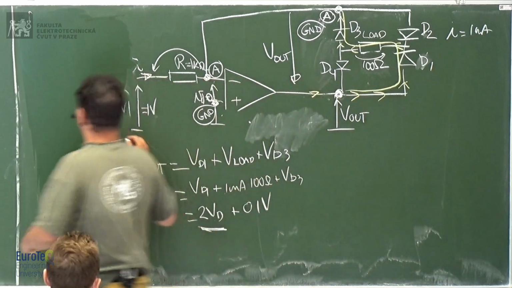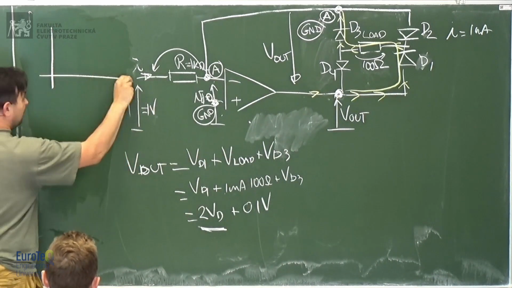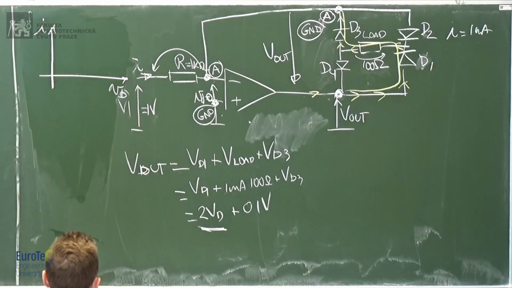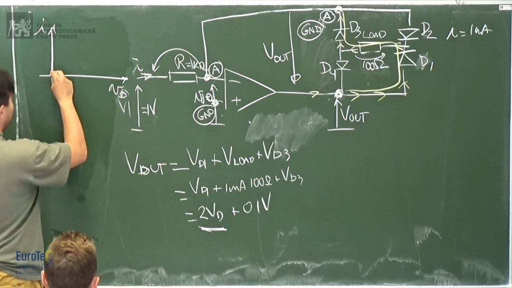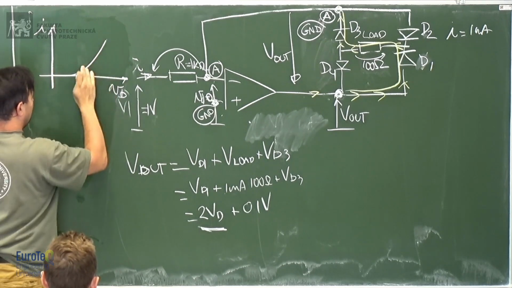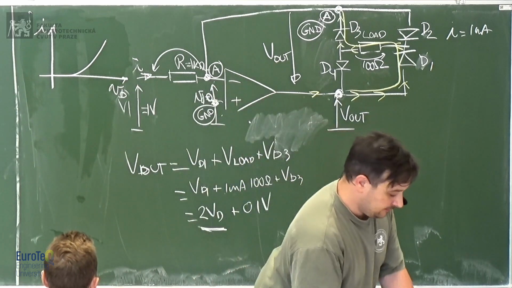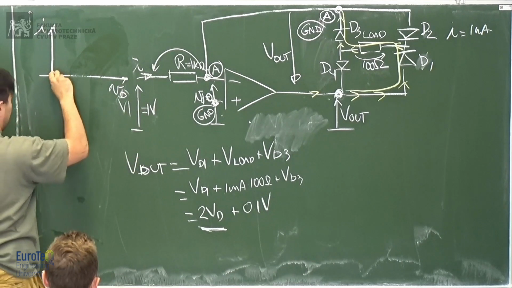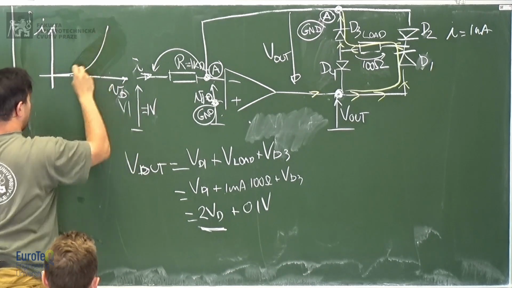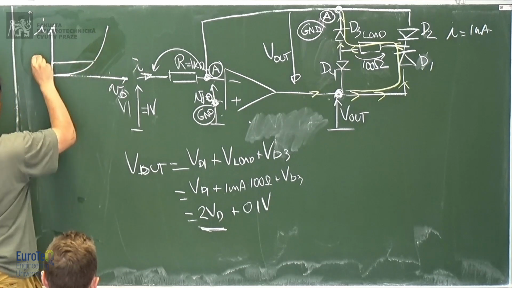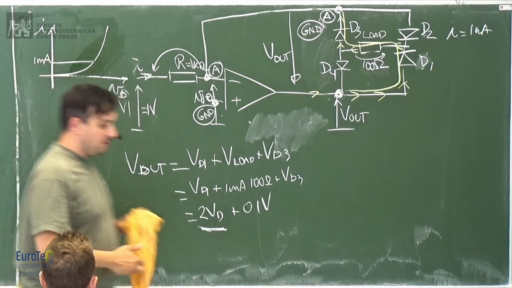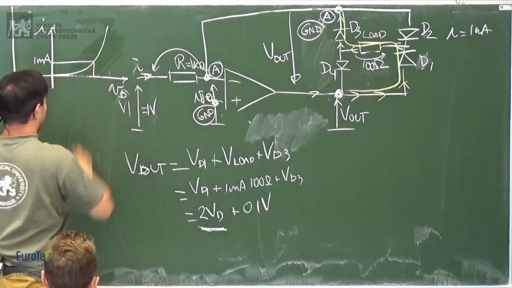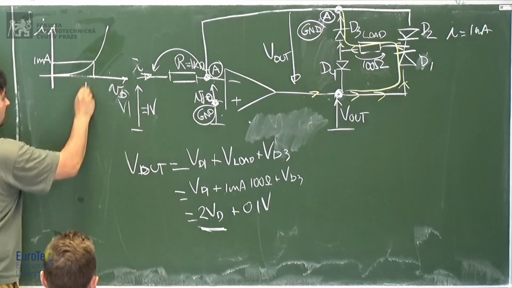Let's say that we have our imaginary diode, okay? So this is VD, and this is the current. Let me draw it better, because as a matter of fact, it's something like this, where 1 milliamp is given for some number of volts.